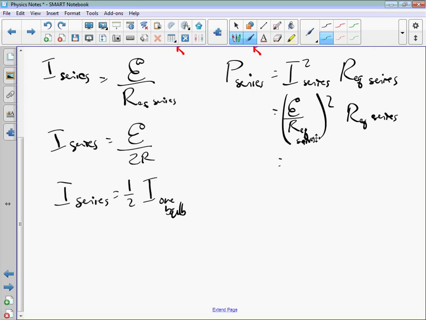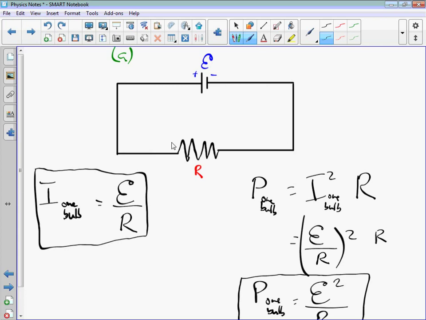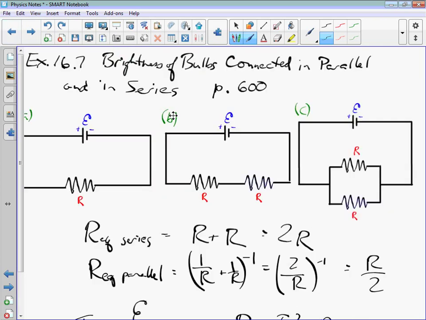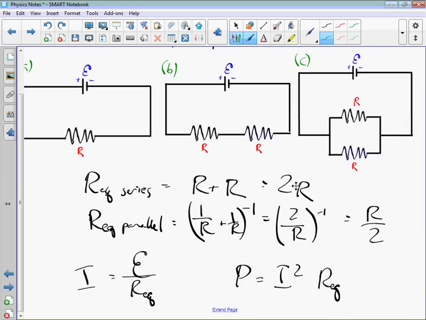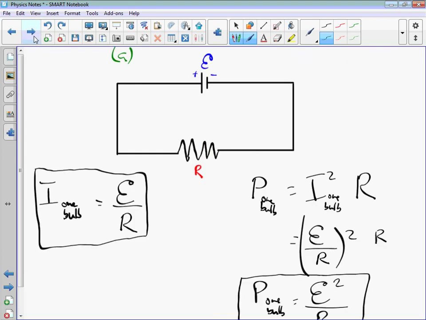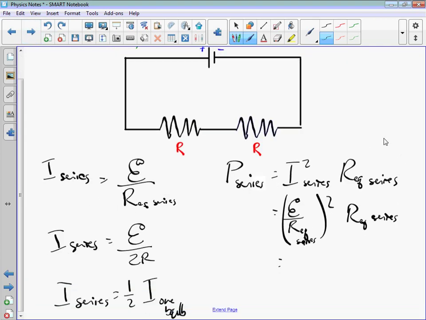You could distribute those. One thing I do need to mention: our equivalent resistance in series was 2R. So I can have this value equal to 2R.